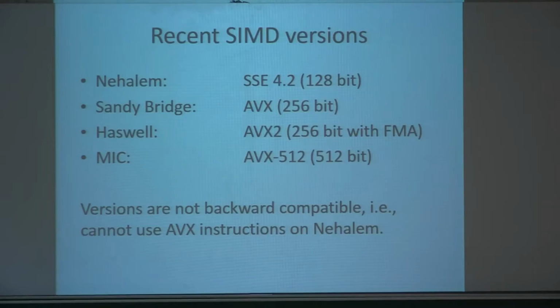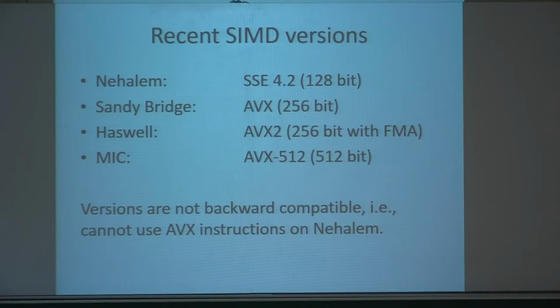So 128-bit, so each double precision word is 64 bits. So this could do 2 double precision computations at the same time, or maybe 4 single precision floating point computations at the same time. But you can see that the width has increased very rapidly in recent years. This is because you can get a lot more performance by increasing the SIMD width if you're able to use, let's say, 8 streams of data at the same time.